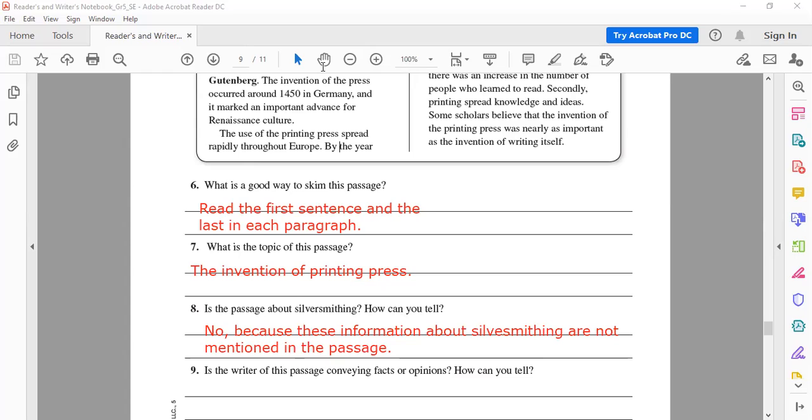These are not opinion. When you say your opinion, you will use words like what? I love, I like, I prefer, I believe, I think, I guess. So all of these are words for opinion, but facts will be only reality and real information. So is the writer of this passage conveying facts or opinion? Facts. Because he put real information.